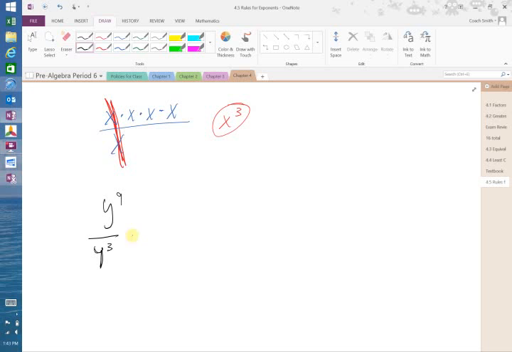Okay, that would be y to the 9 minus 3 power, which is y to the 6th.